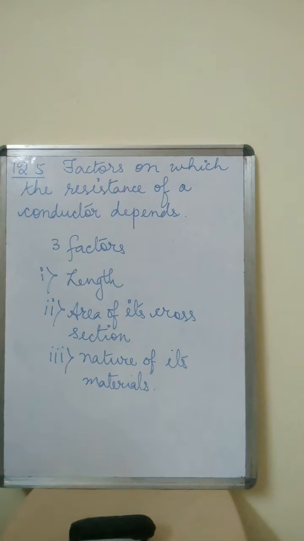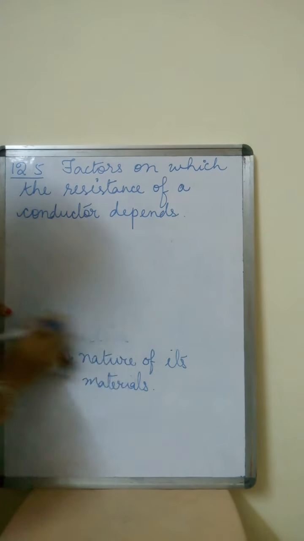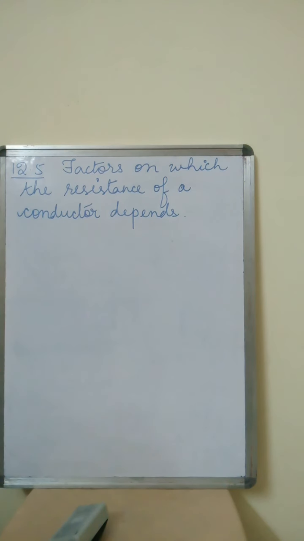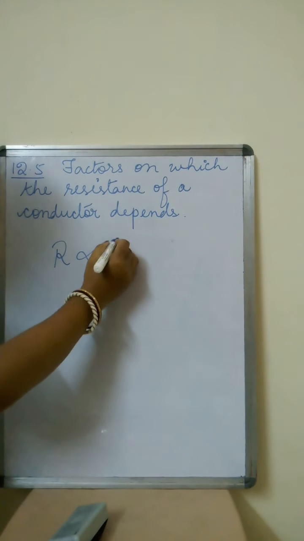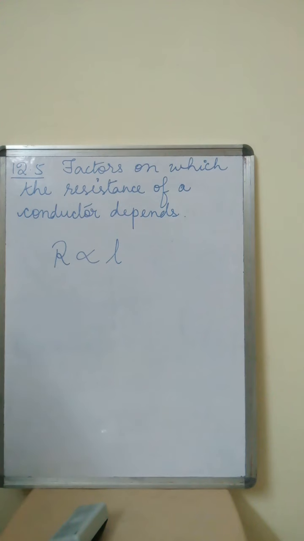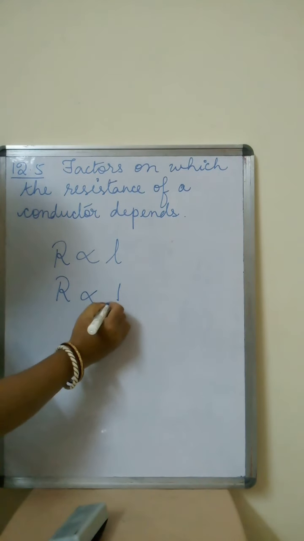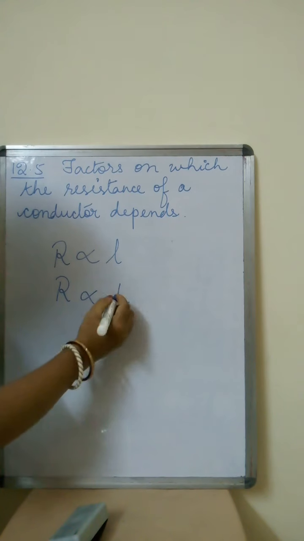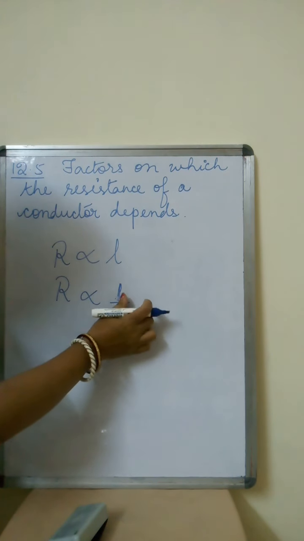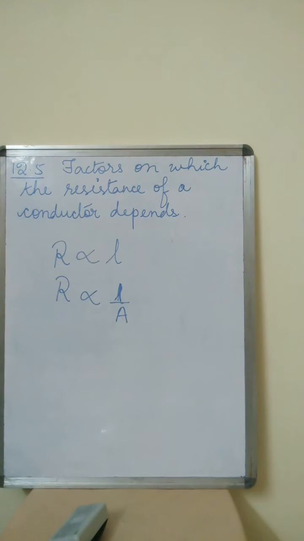Now, along with the factors, precise measurements have shown that the resistance of a uniform metallic conductor is directly proportional to its length, that is L, and inversely proportional to the area of its cross section, that is L by A. L is the length and A is the area of cross section.